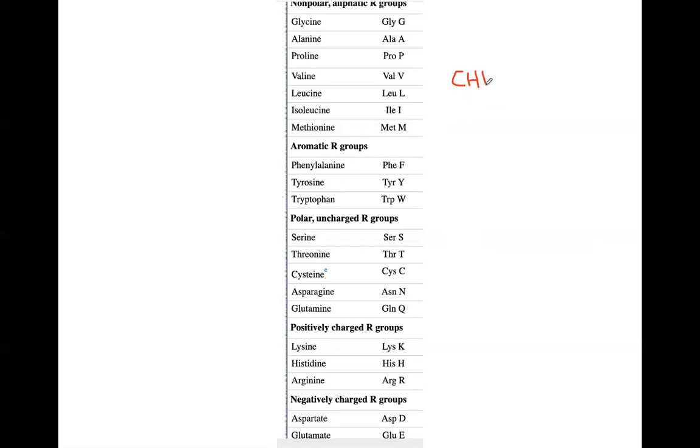Now, can you find I? What's I? Isoleucine. Can you find M? Methionine. S, serine. And V?